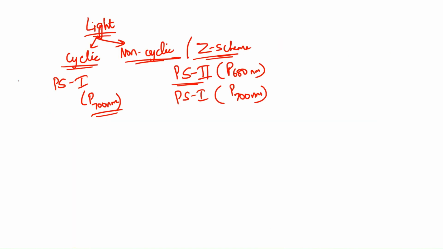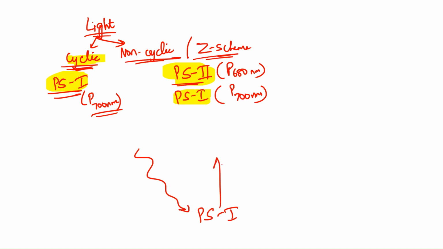Now let's talk about cyclic photophosphorylation. Here, which photosystem is involved? Only photosystem 1 is involved. Here both photosystems are involved in non-cyclic, whereas in cyclic photophosphorylation, only one photosystem is involved. So what happens is photosystem 1, P700, takes up the light and gets excited and transfers its electrons to phylloquinone.